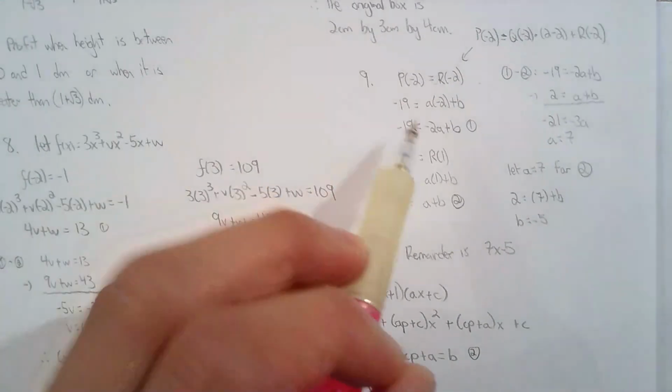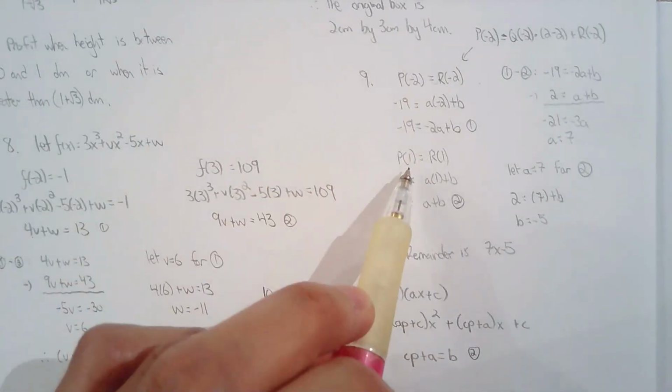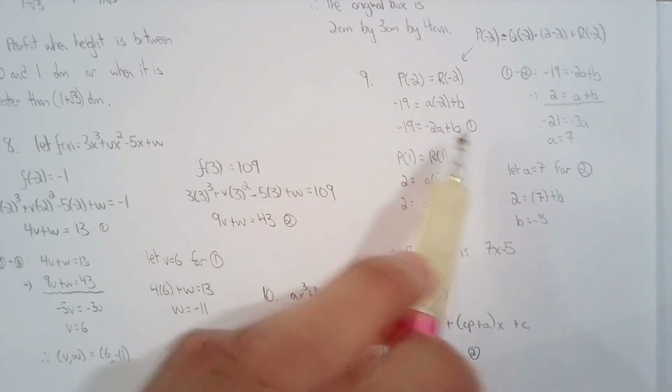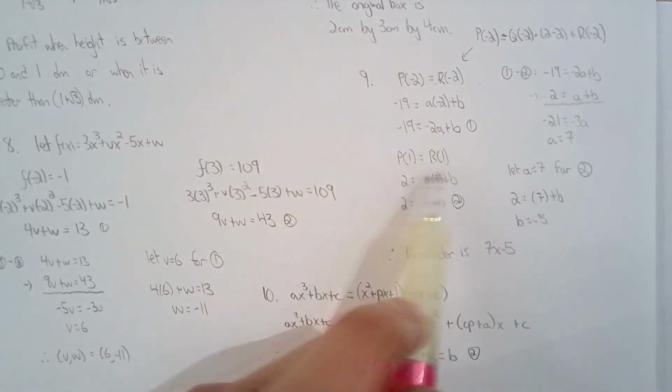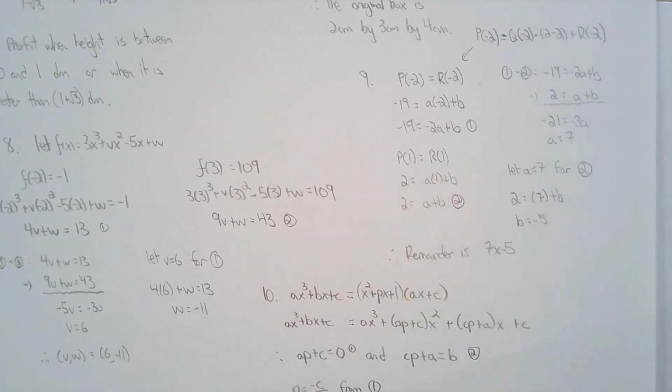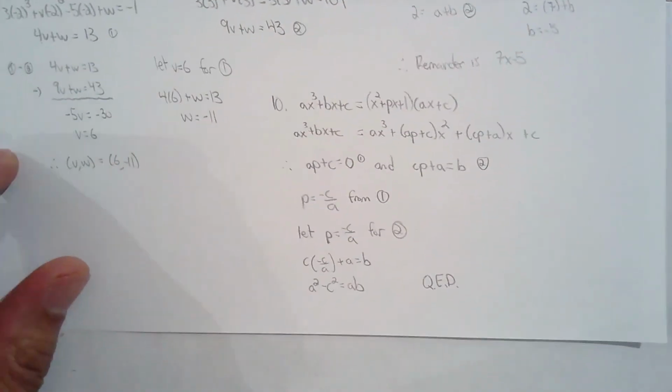So r of -2 is equal to p of -2. That gives me one equation in terms of a and b. Use the other factoid to give me another equation in terms of a and b. Linear system, bam, bam, bam, substitution or elimination. Have it your way.